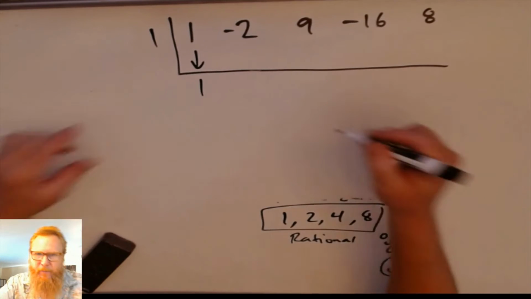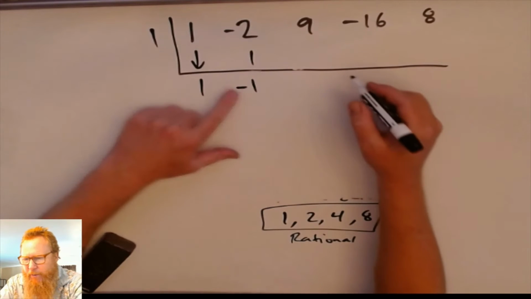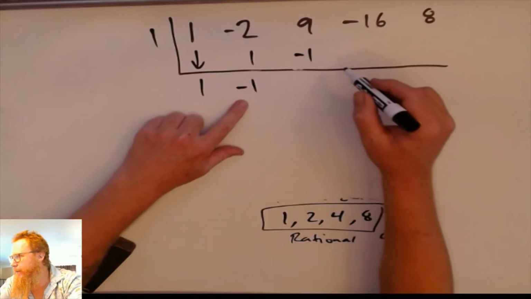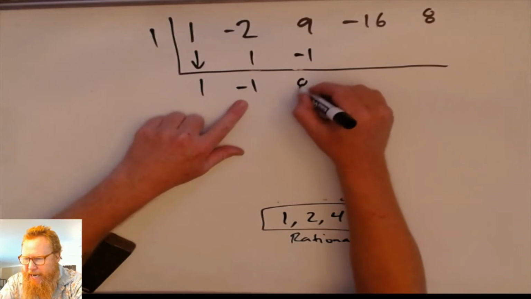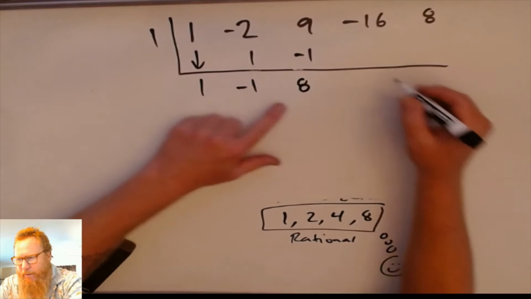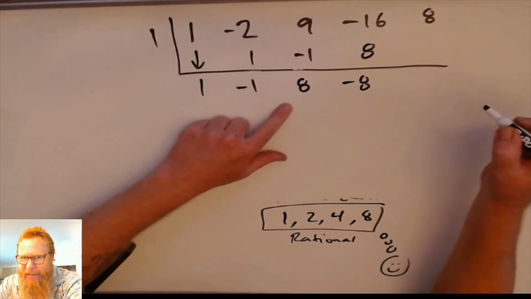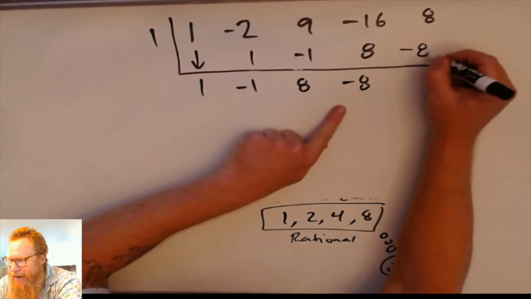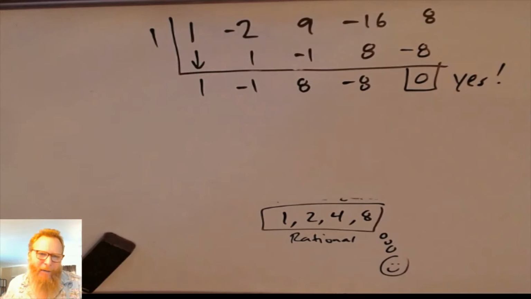I always start with 1. 1 times 1 is 1. -2 and 1 is -1. 1 and -1 is -1. 9 and -1 is 8. 1 times 8 is 8. -16 and 8 is -8. Looking pretty good. 1 times -8 is -8, and there it is. We got one.